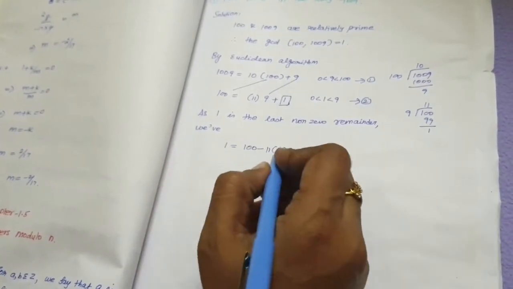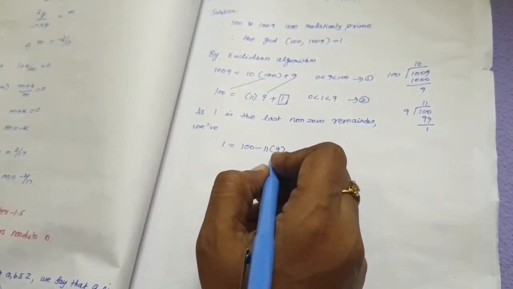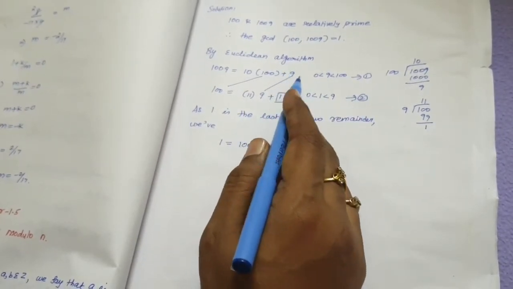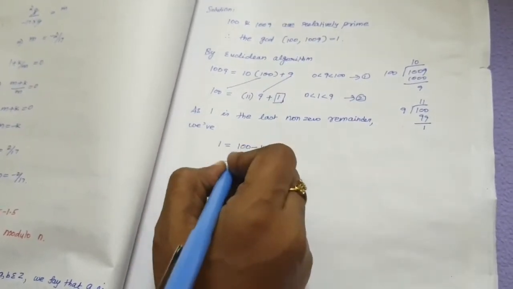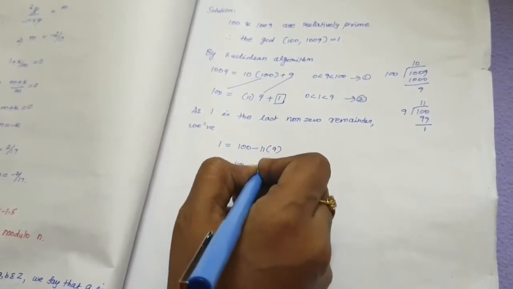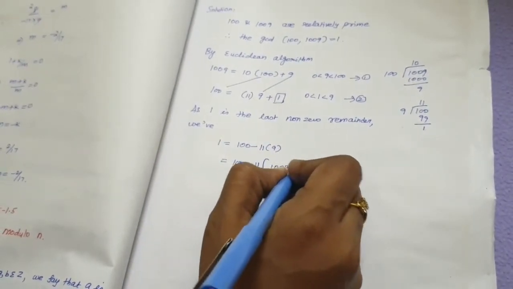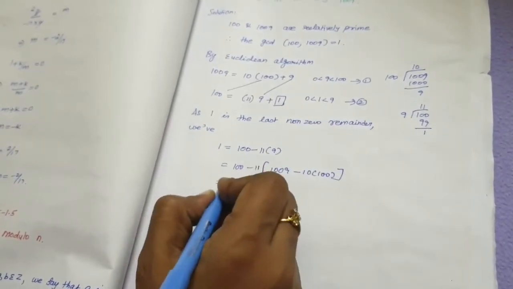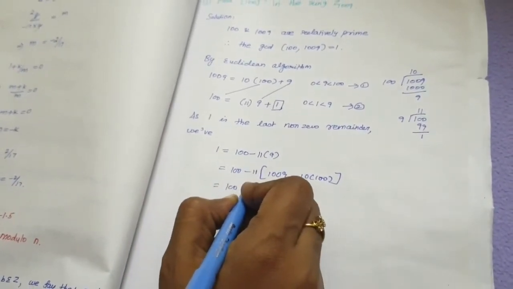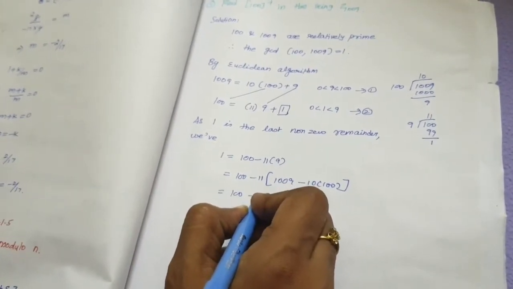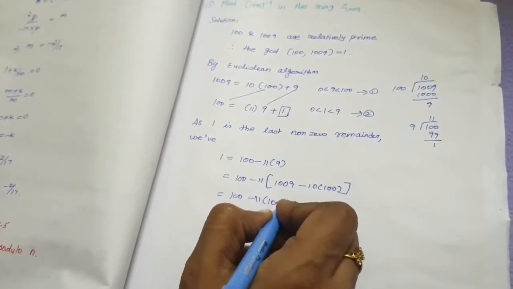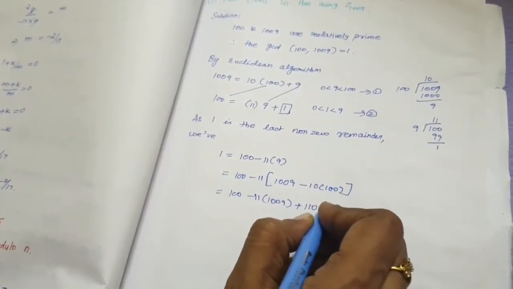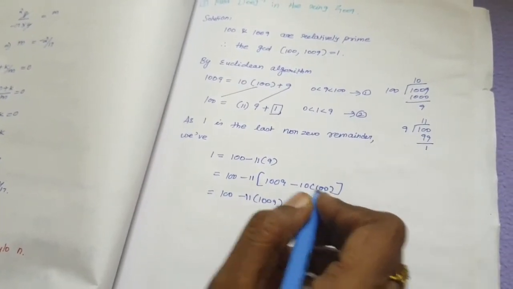Here, from equation 1, the remainder 9 can be written as 1009 minus 10 times 100. When you simplify this, we get 1 equals 100 minus 11 times 1009, plus 110 times 100.